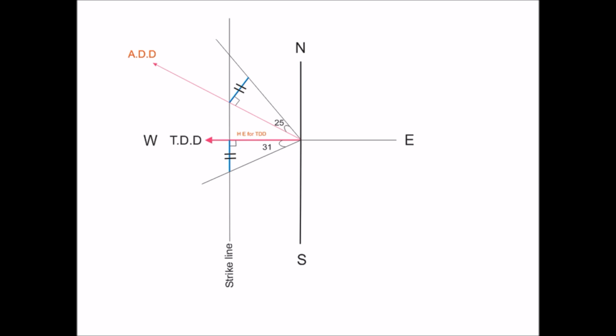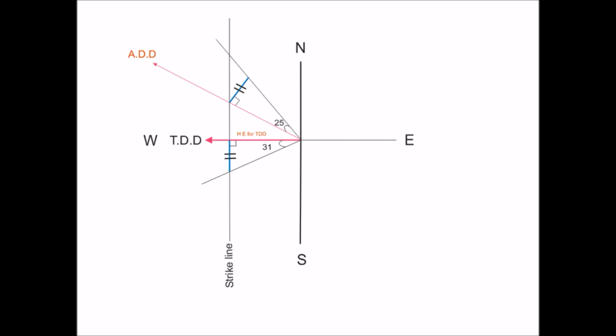Now our objective is to determine the amount of true dip also. So for this we are plotting the right angle triangle for the apparent dip. Apparent dip direction, as I told you, is given, and for this apparent dip direction we have to determine the h.